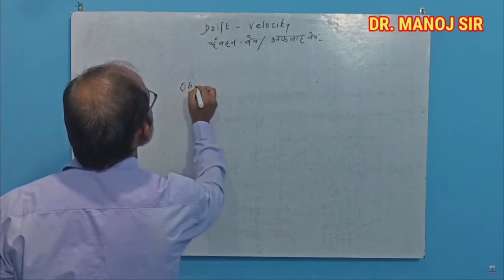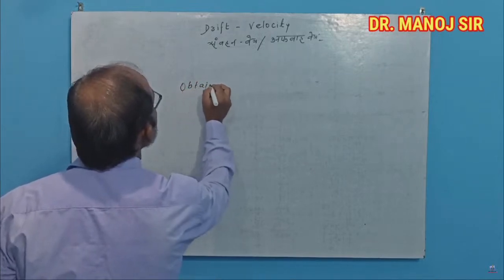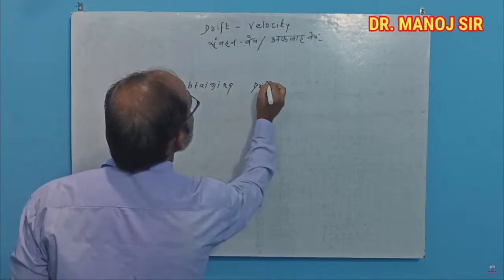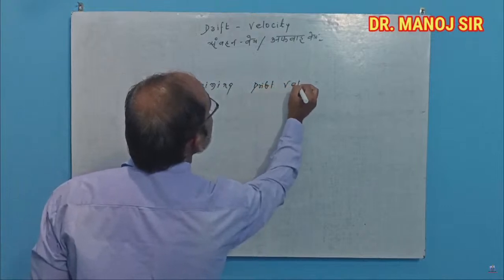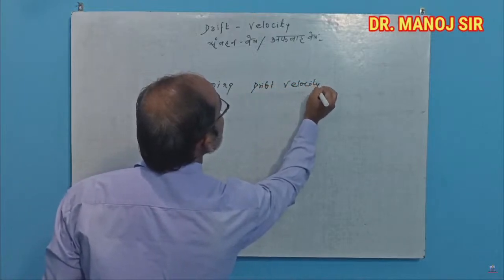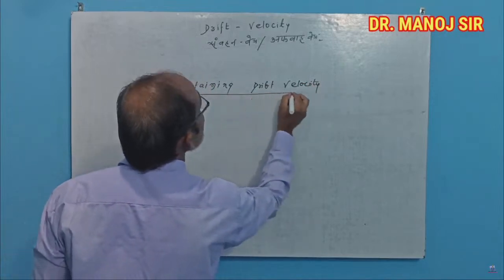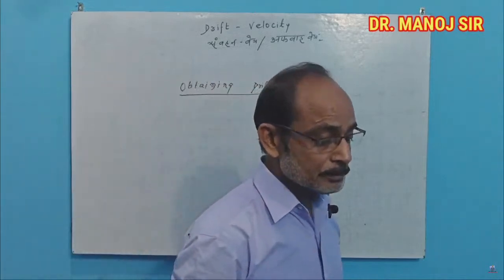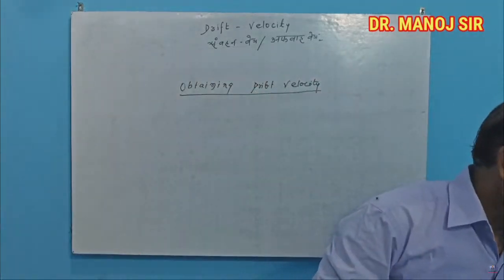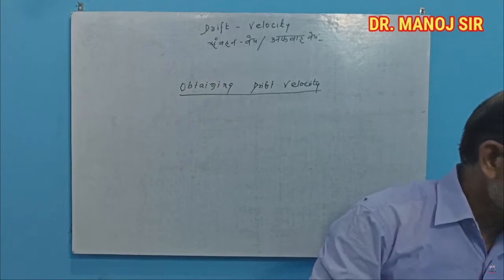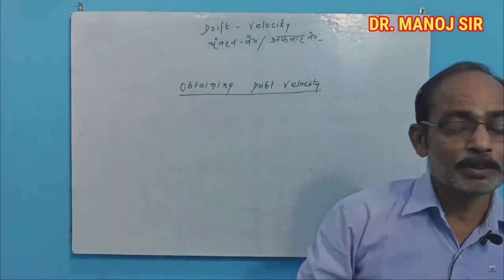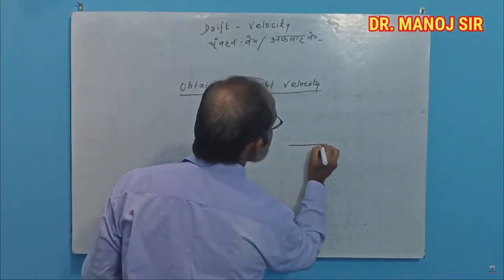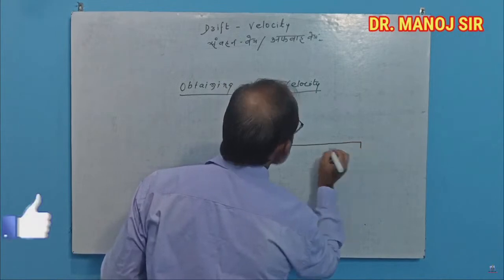Obtaining of drift velocity. Suppose this is a conductor.